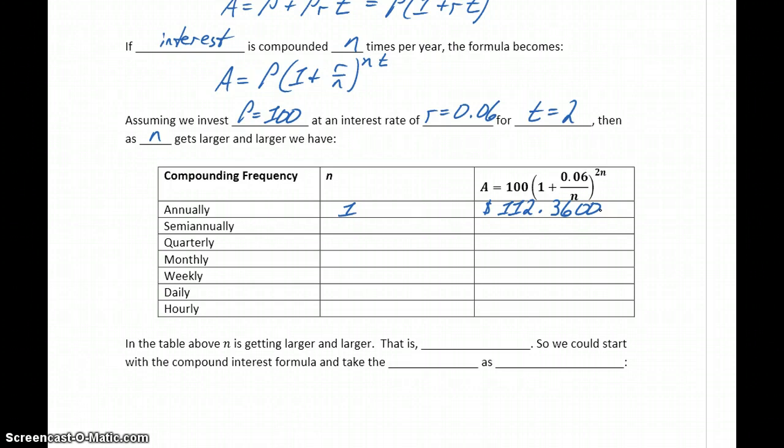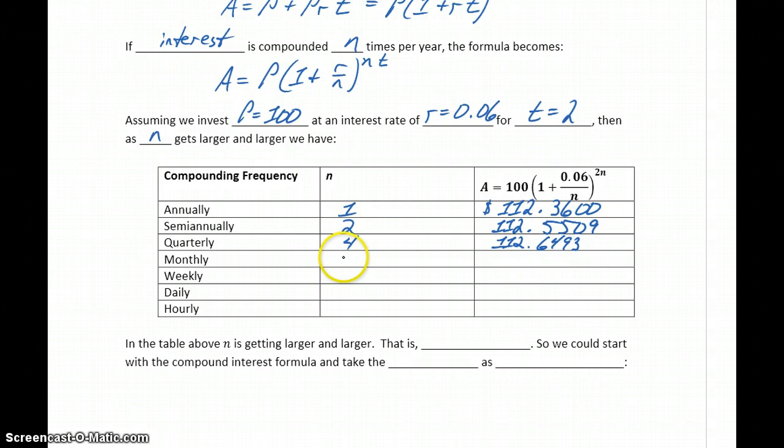If interest is compounded semi-annually, then n would be 2, and we would have 112.5509, so $112.55, but with this little fraction of a cent as well, technically. If interest is compounded quarterly, then it's being compounded 4 times a year, which is going to give us a final amount of $112.6493, so 64 cents, about 65 cents.